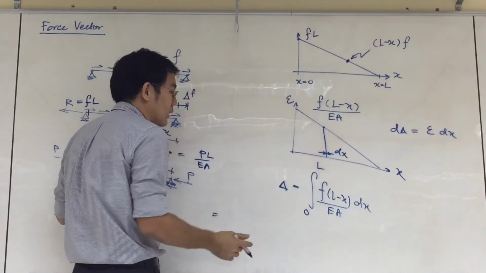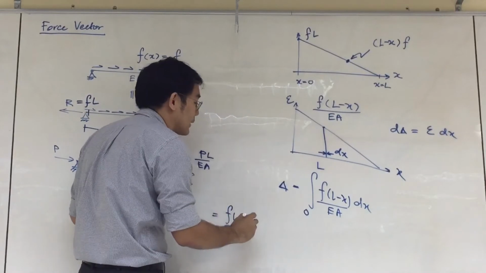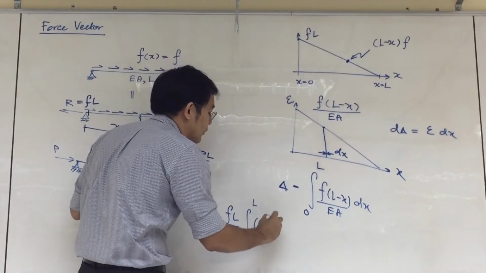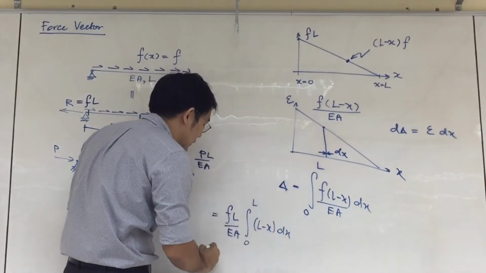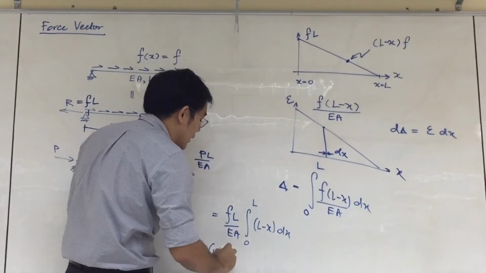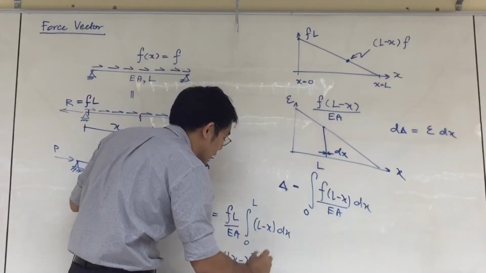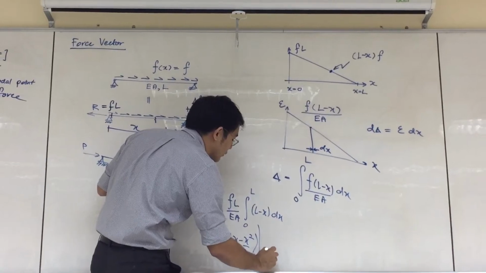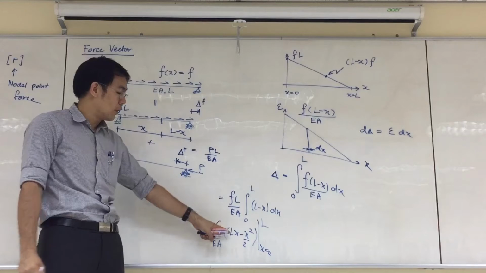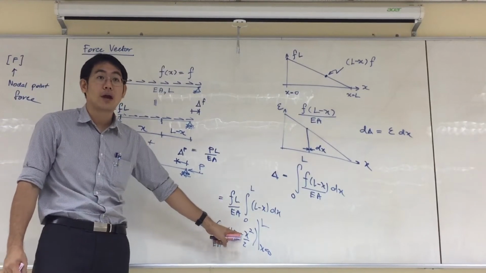Because you can pull out FL over EA outside, like this, 0 to L. So you have the integral of (L minus x) dx, which turns out to be FL over EA times (Lx minus x squared over 2). You evaluate from x equals 0 to x equals L. When x equals 0 you get 0, when x equals L, you get L squared minus L squared over 2.